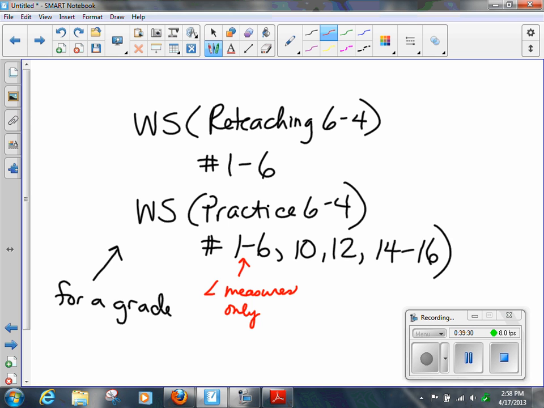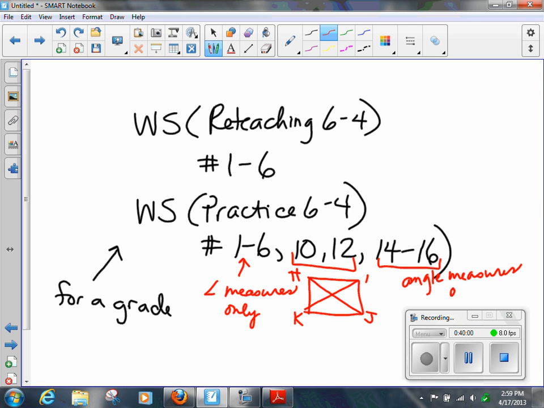So for 10 and 12, you might want to draw this figure right here, HIJK, and it's talking about the diagonals HJ and IK. For 14, 15, and 16, you're talking about rhombi, and I only want the angle measures there. Angle measures only. Do you understand what is required?